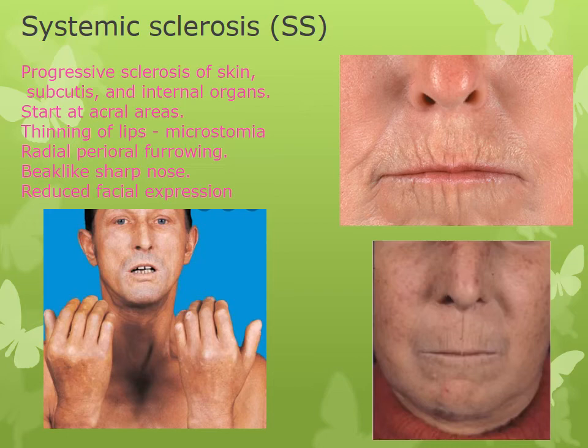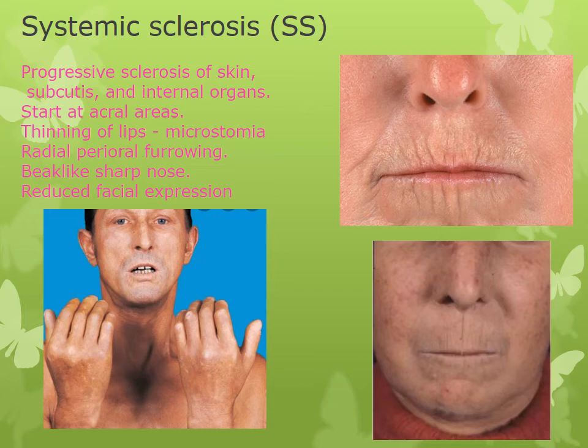There is progressive sclerosis of the skin, subcutis, and internal organs. Usually the disease starts in the acral areas. In the face, we see thinning of the lips, which is called microstomia, and there is radial perioral furrowing. In the nose, there is a beak-like sharp nose. Generally, there is reduced facial expression and lines.